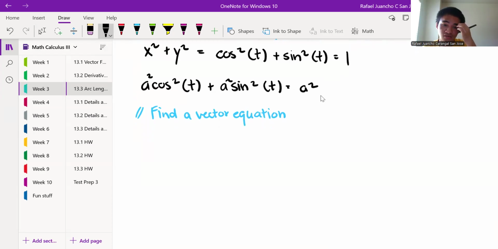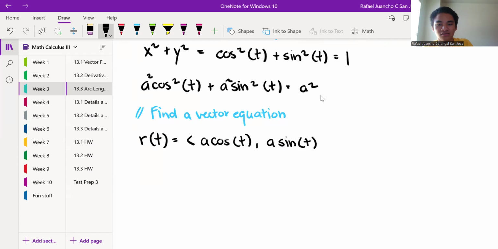So if my x squared is cosine squared, my y squared is sine squared, and if I do an a squared, then my r of t could just be the vector a cosine t for my x, and a sine t for my y. That's it, because this is in 2D.